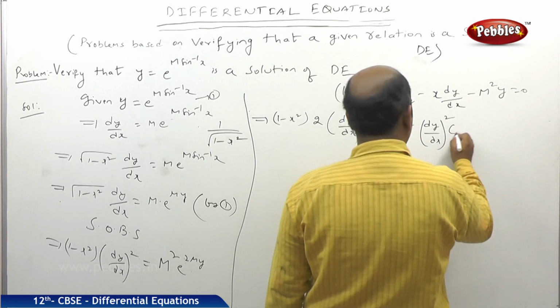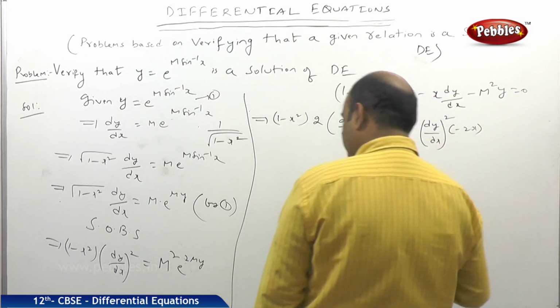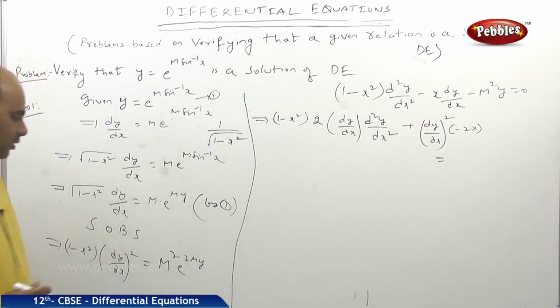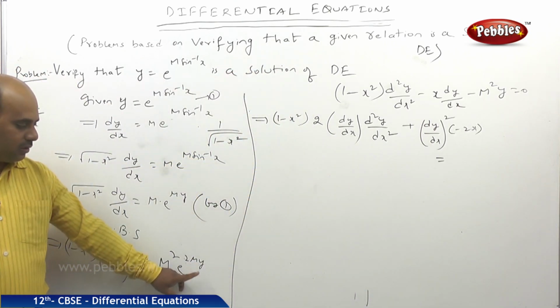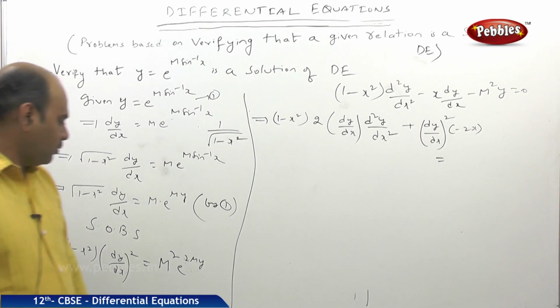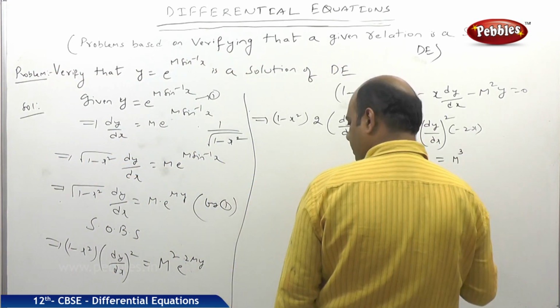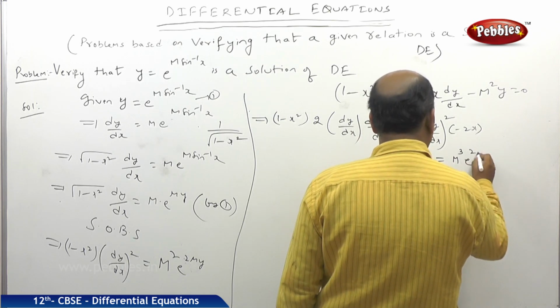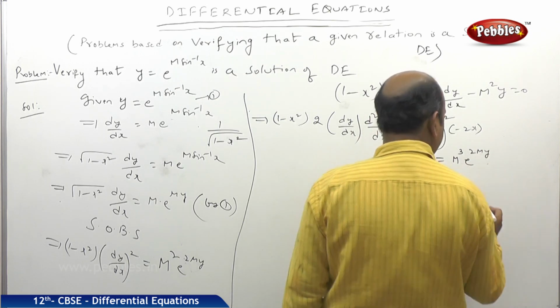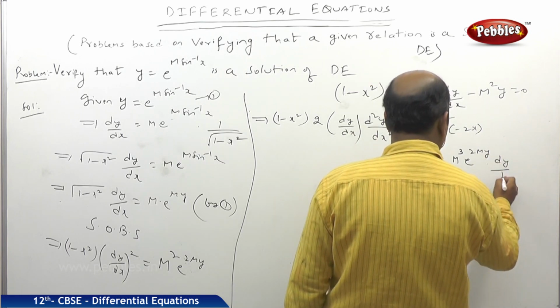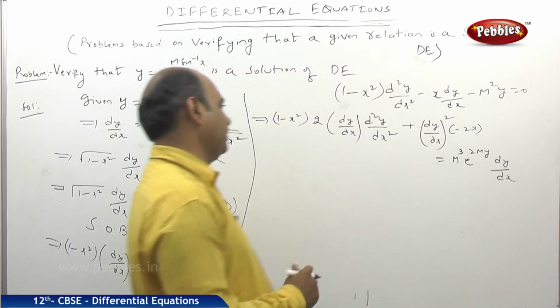The derivative of 1 minus x square means minus 2x is equal to, again here e power 2my is there. So already one m square is outside, that becomes m cube, and e power 2my, because e power x's derivative is e power x, but here function y is there, so it becomes dy by dx.